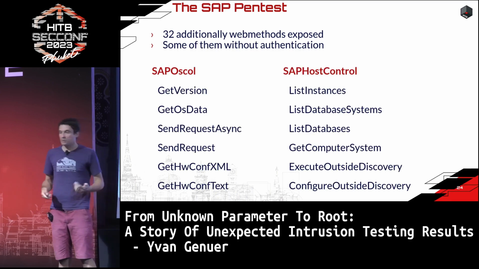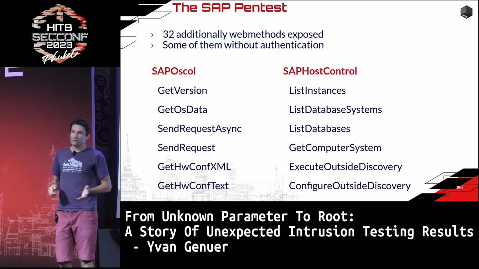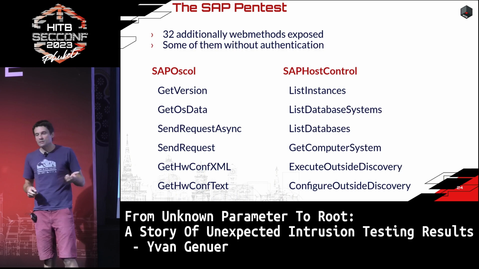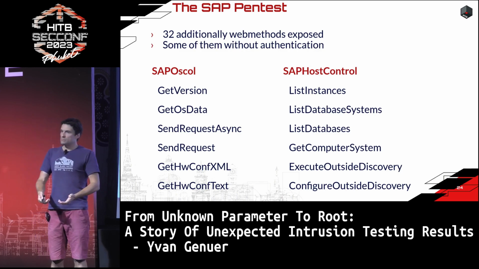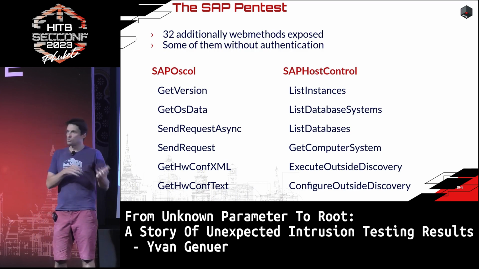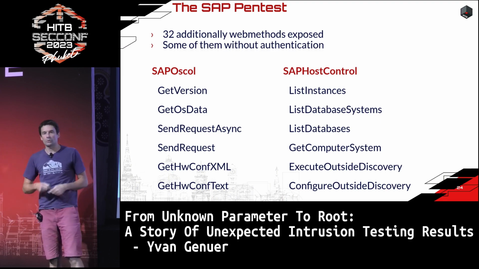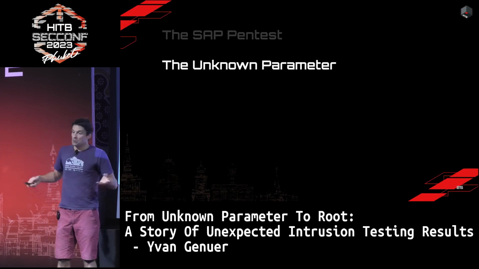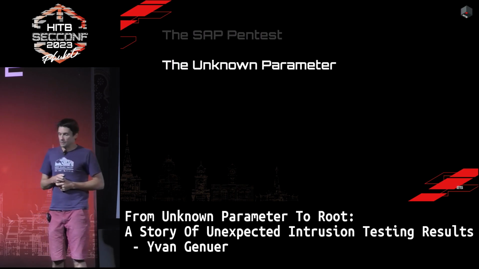But a few of them, 12, do not require any kind of authentication. So it means that because of this parameter, remotely without authentication, we can call all these functions through one HTTP request in the SOAP, etc., on port 1128. So this is where we jump into the second stage.